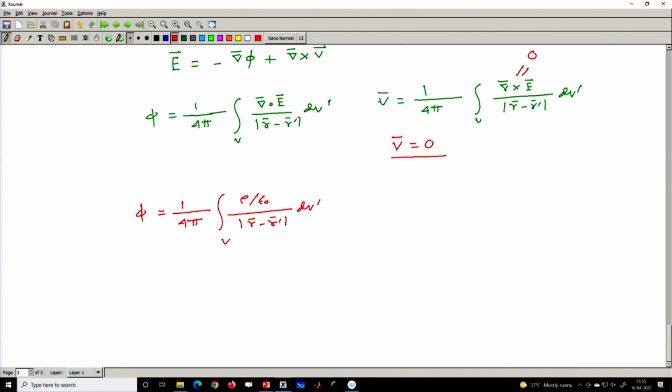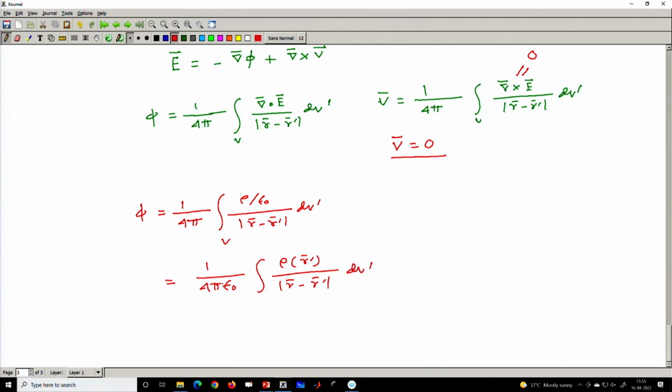Mind it, this rho should be calculated at the point r prime. So, I can write in a more compact way, this is 1 divided by epsilon 0 integration rho calculated at r prime, divided by the modulus of r minus r prime, dv prime.